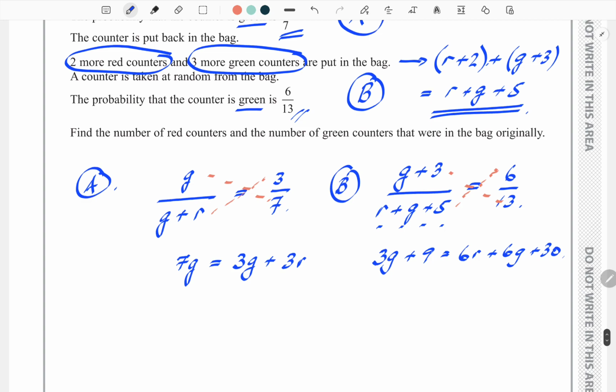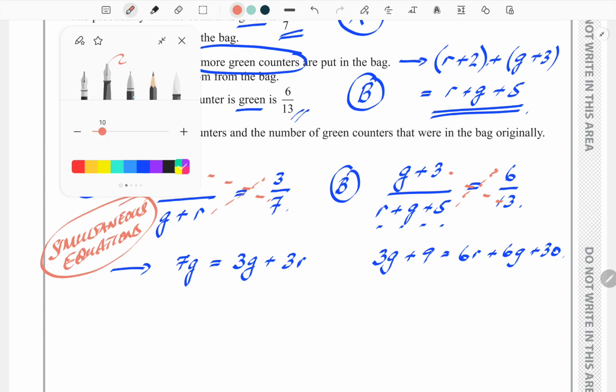All right. We are going to use A, so it's like simultaneous equations again. All right. So let's just put that in. Simultaneous. Okay. Right, almost there.